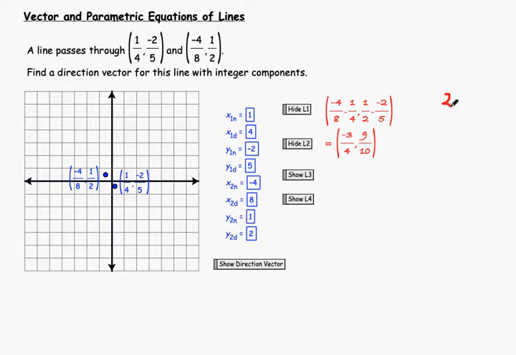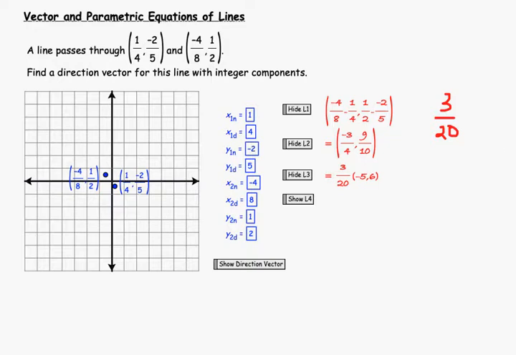If I took a 3 out, I'd be left with a -1 and a 3 there, but I would still have to deal with the denominator. If we think in terms of a common denominator, it would be 20 here. So I'm going to try and take out 3/20. If I'm factoring that out, then I would have to divide each of these by 3/20. And that's going to give me this.